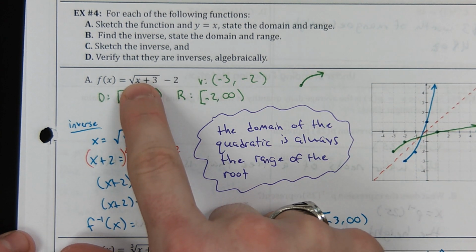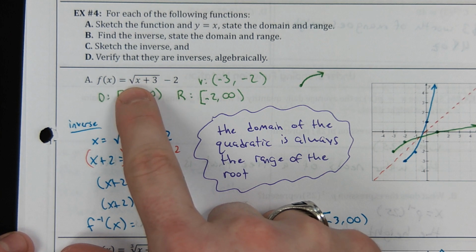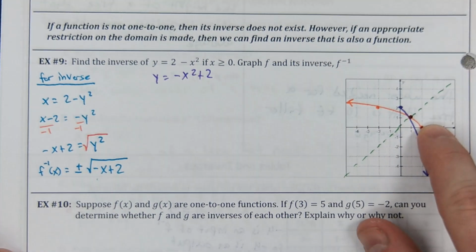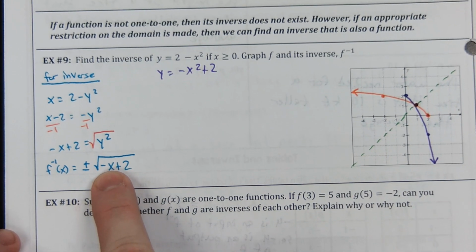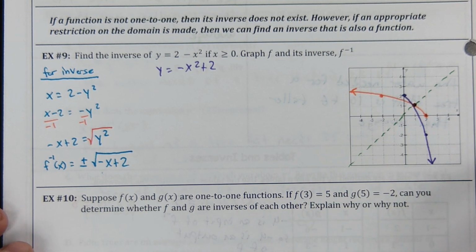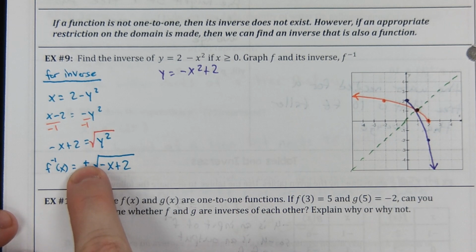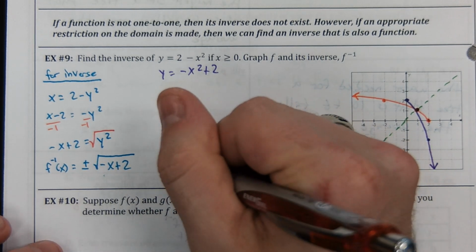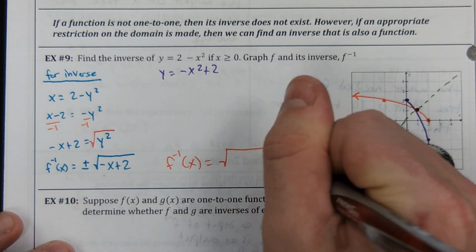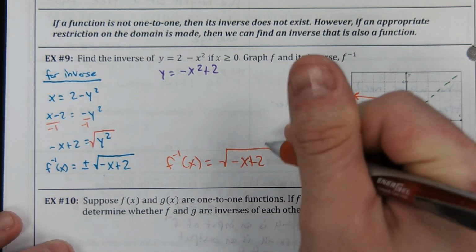If the number in front of x is positive, it points to the right because the positive x-axis is to the right. This graph points to the left, the orange one. That is why there's a minus sign in front of x. But because it points up to the positive y-axis, I'm only allowed to use the positive function. F inverse of x is the positive square root of negative x plus 2.